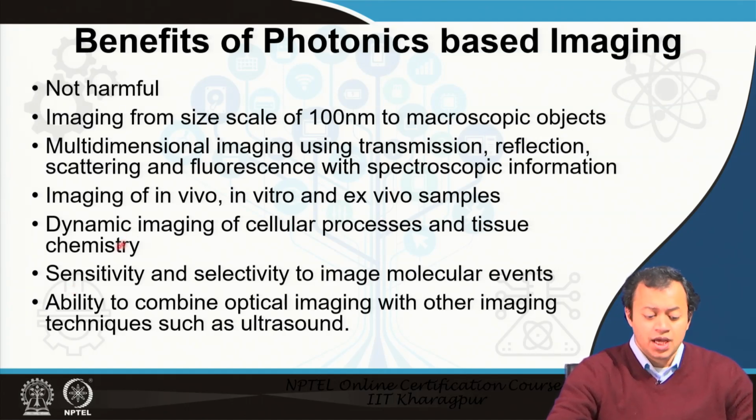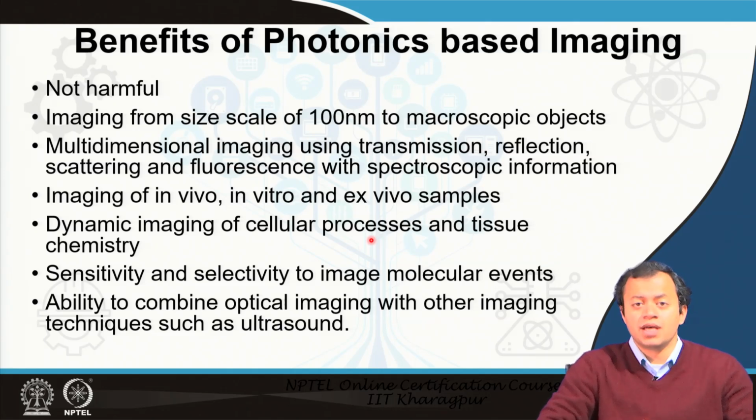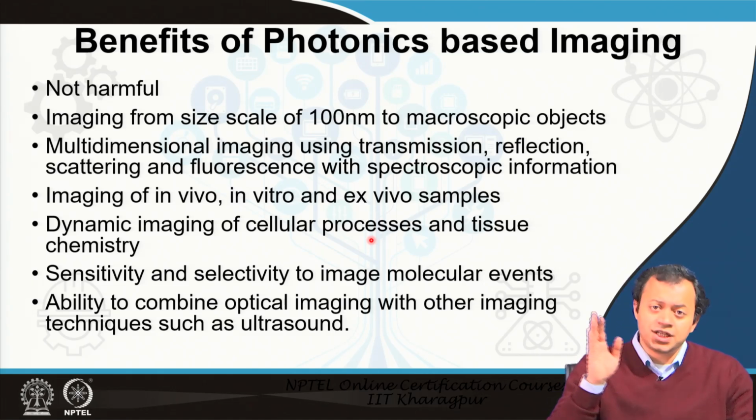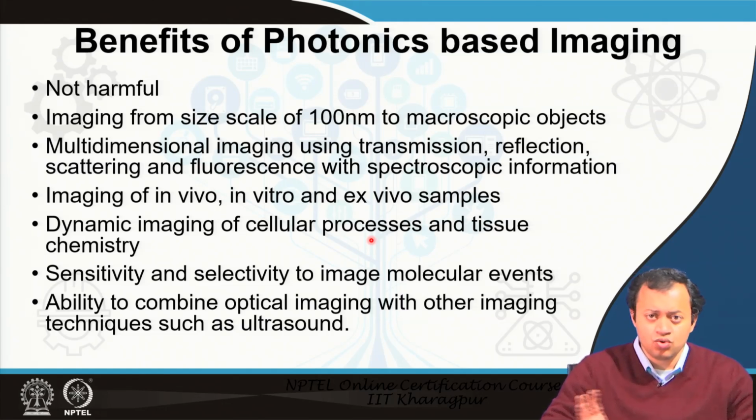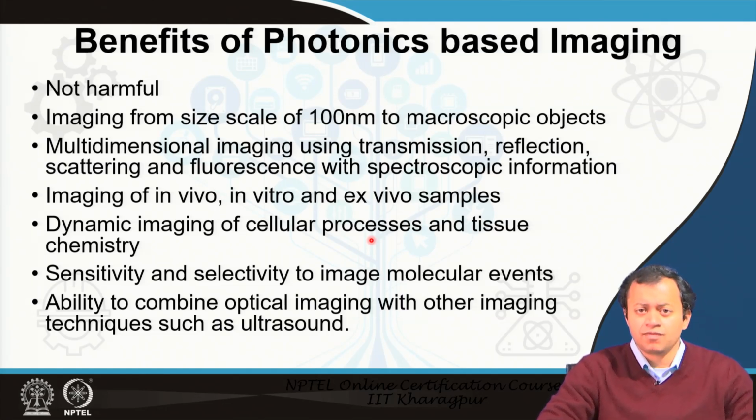Using photonics, you can have dynamic imaging of cellular processes. Remember, I said that when you send pulse signals in fluorescence microscopy, you can see at different intervals. Remember that image I showed you where you saw the virus producing antibodies and how the infection is progressing from 0 to 24 hours. Remember the fluorescence class.